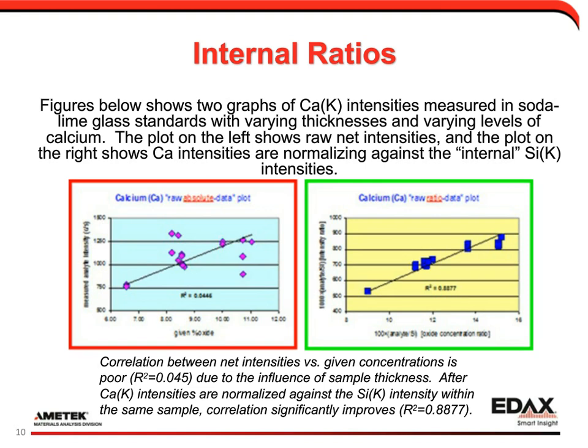Then if you normalize those calcium intensities against the internal silicon intensities, which is just the silicon intensity from that same sample, and replot them, you get a much better correlation for the different thickness of the samples. So we still compensate for the effect of sample thickness.